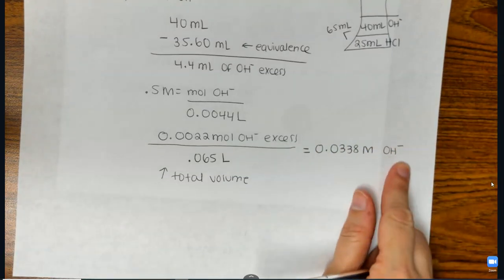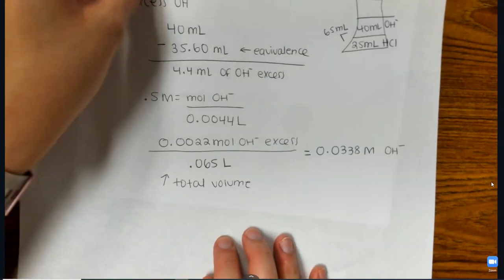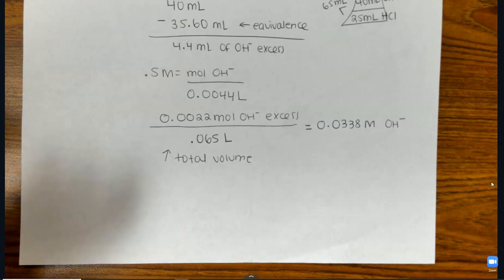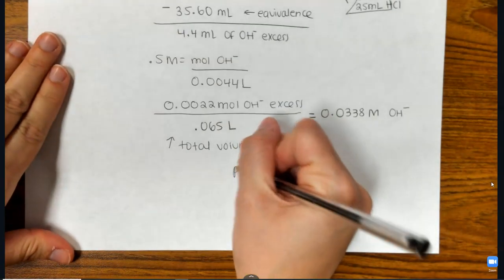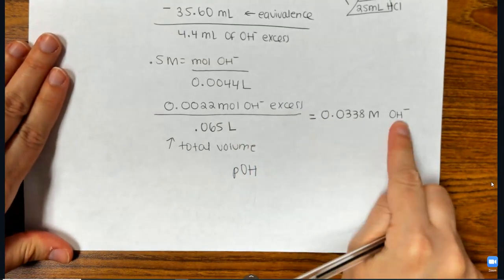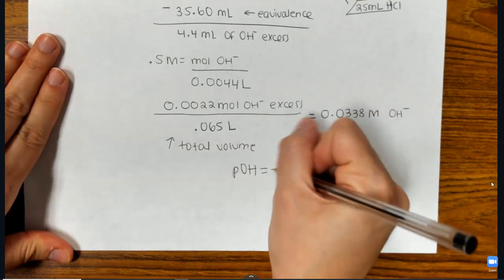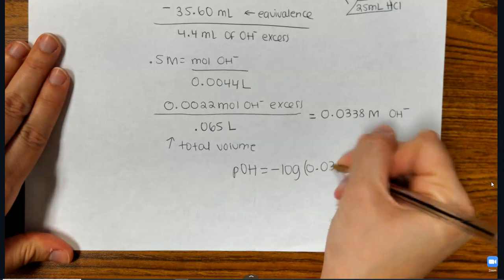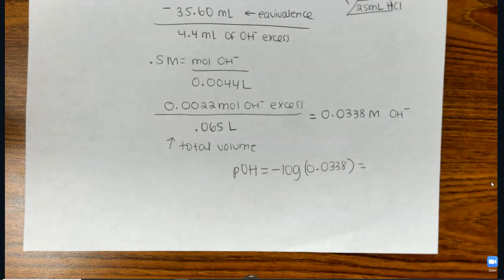And this again was a strong base. When you have a strong acid or a strong base, you don't need to make an ice table or anything to get pH. You just take the negative log. But because that's my molarity of OH, when I take the negative log, that's not going to give me pH. It'll give me pOH.